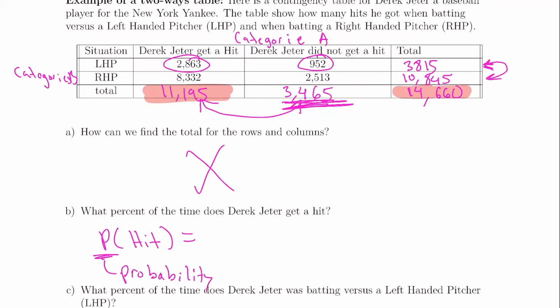So if I use that notation on a quiz or on a test, you should know that it just stands for find the probability. Does it matter if Derek Jeter is hitting versus a left-handed pitcher or a right-handed pitcher? Or do we just care about him getting a hit? We just care about him getting a hit. So how many times did Derek Jeter get a hit?